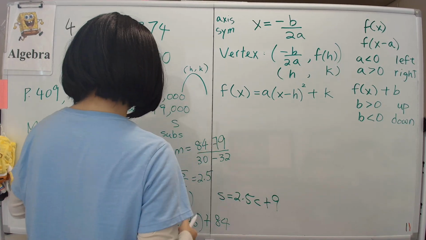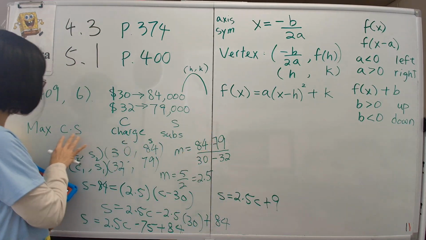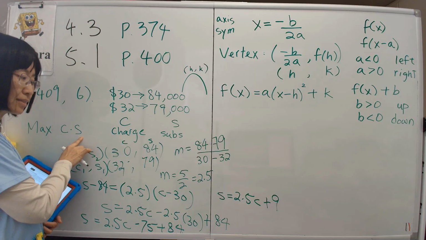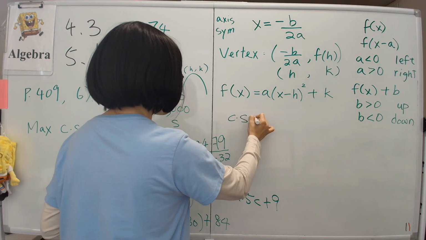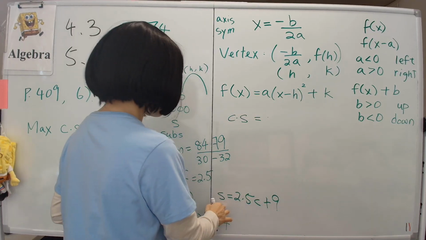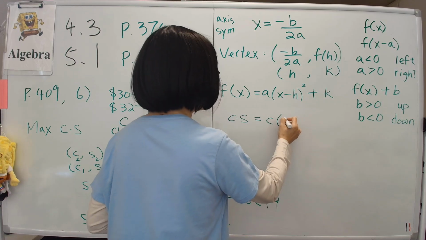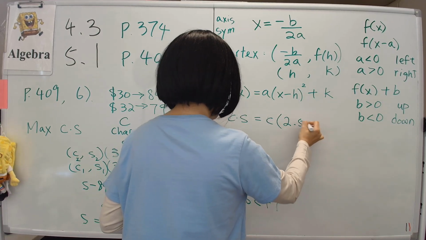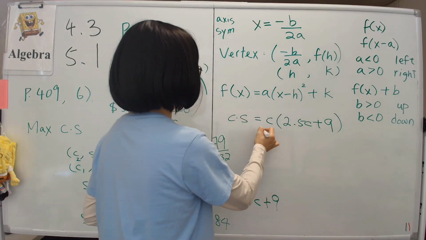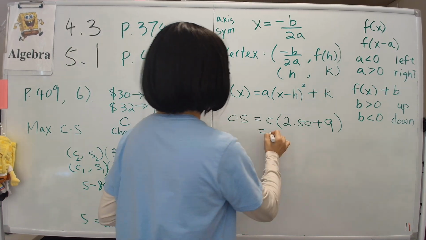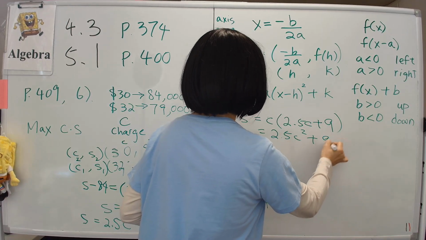Having said that, we're trying to maximize the value of C times S. So the function C times S equals C times, we'll plug the S in here, 2.5C plus 9, and that equals 2.5C squared plus 9C.